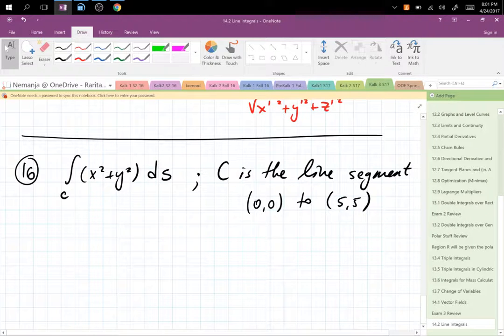So your job is to first figure out the parametrization. Remember, this is your floor, x and a y.